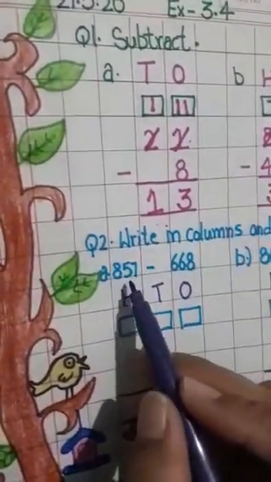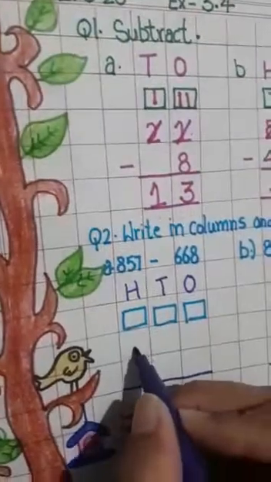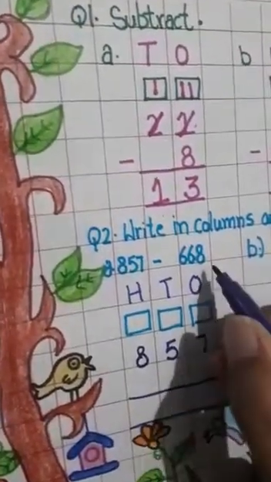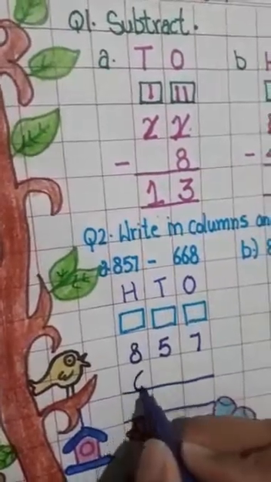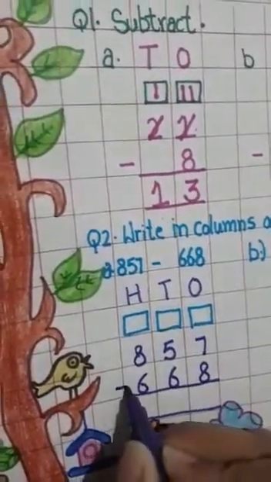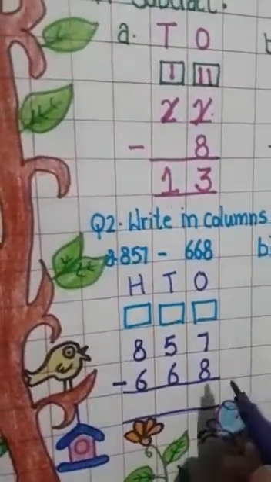The bigger number we always write first and the smaller number next. So first 857 and we have to subtract 668. Here we will put the subtraction symbol also because we are subtracting.